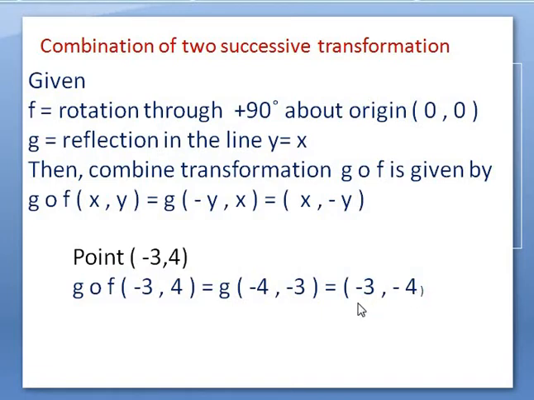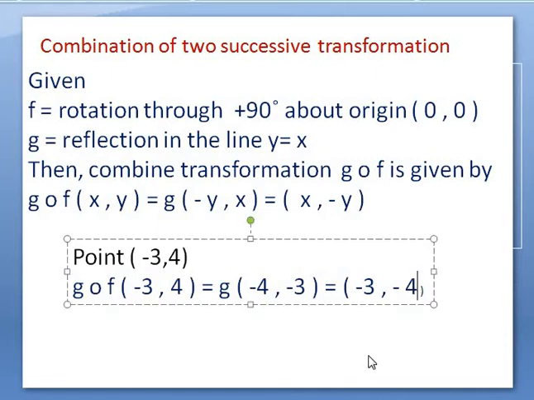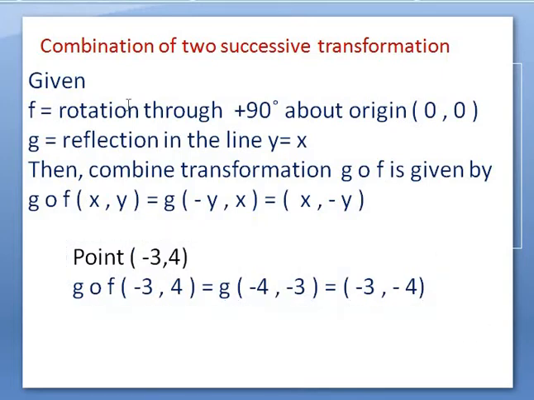We get this one, (minus 3, minus 4). So this is the example to find the image. You can find two or more than two images this way.